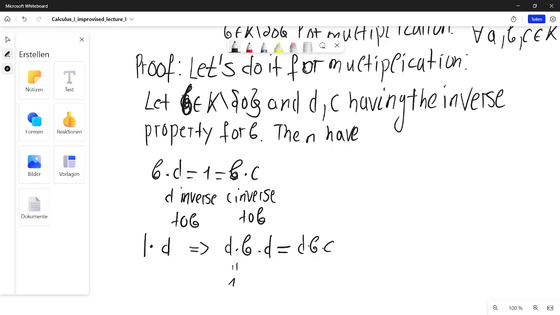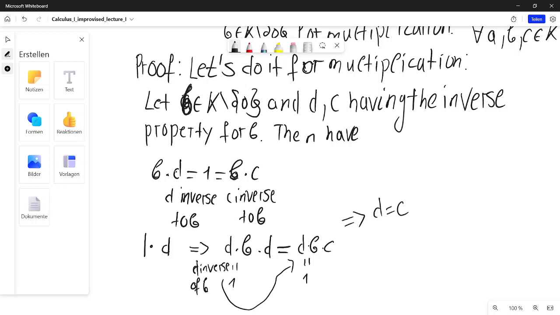And this gives 1 because again, that is an inverse of B. And here, same argumentation. And this gives G is equal to C, right?